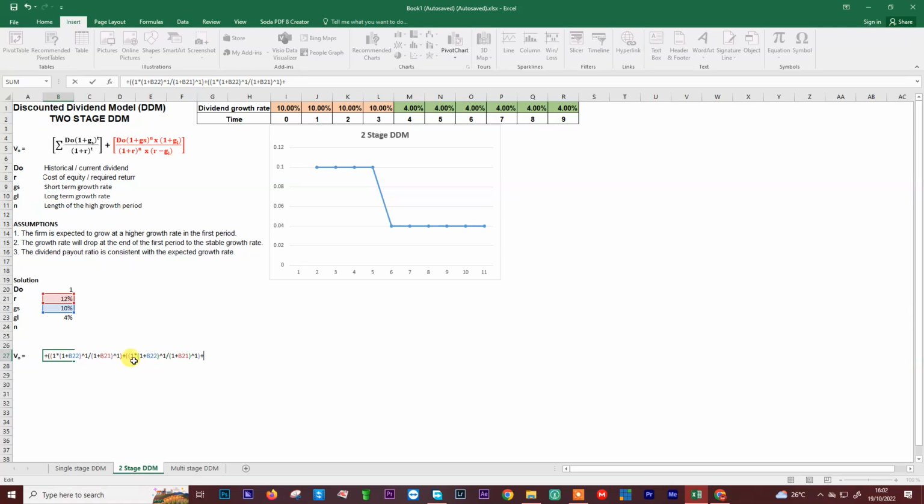So it's the D naught times 1 plus GS times 1 plus GS power 2. Power 2, and here we have power 2. Power 2, like that. And then we Control V, we paste. Now power 3 for 3 years, guys. Power 3, so delete 3.